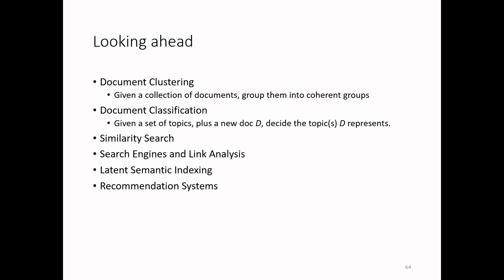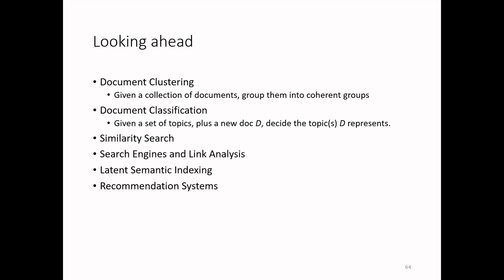Similarity search: we mentioned use of cosine similarity, but how do we do similarity search at a large scale? Little bit of search engines and link analysis. How does Google work? What are the underlying techniques? Little bit of that idea. Sometimes you will find that simple use of indexing terms as we are discussing is not enough.